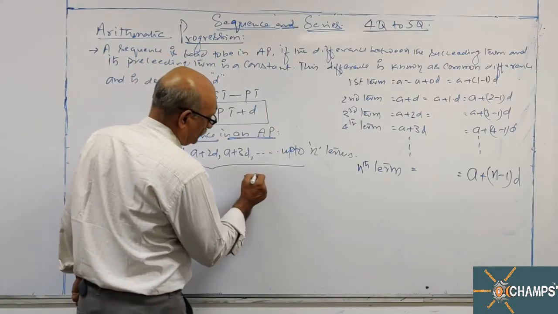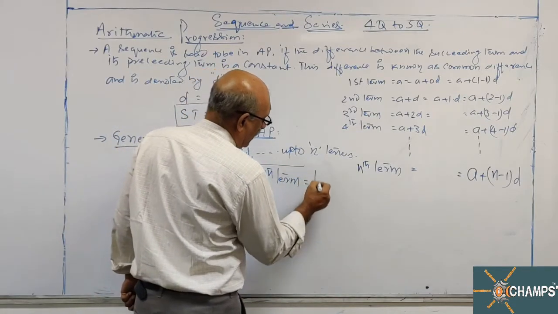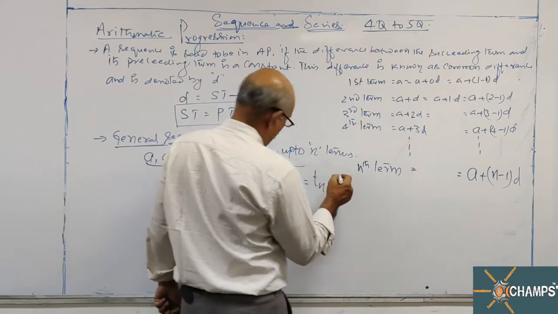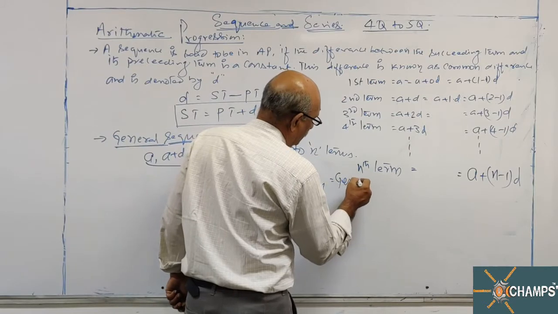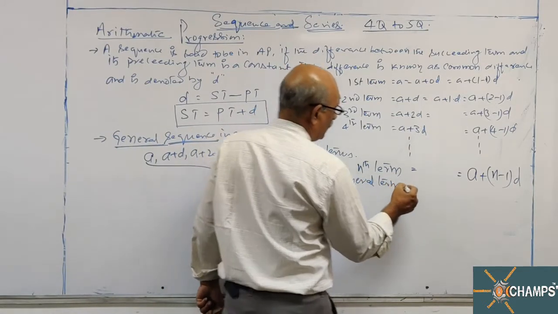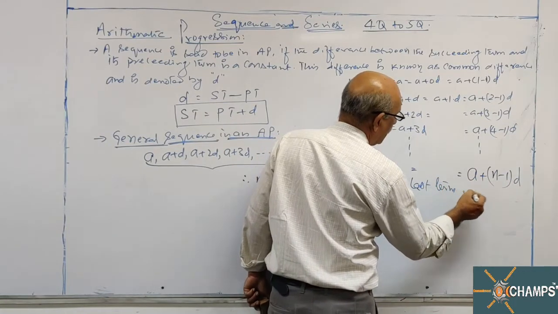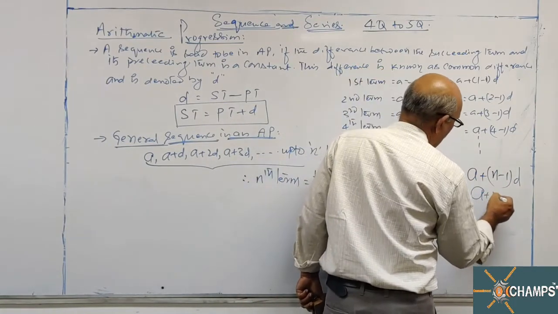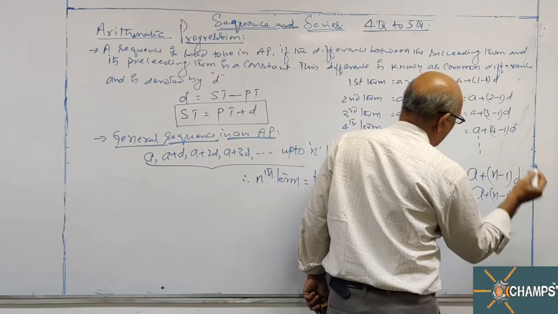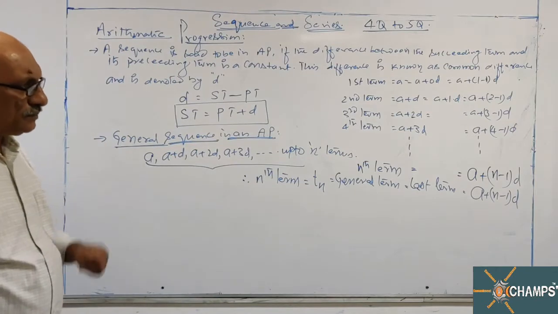Therefore, nth term of the sequence is equal to Tn. This is the general term, also the last term: A plus n minus 1 into d.